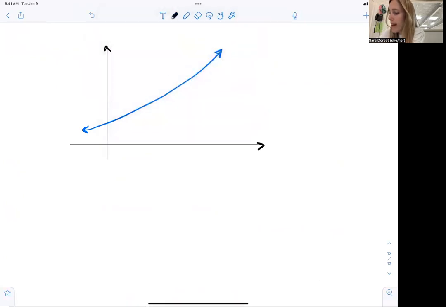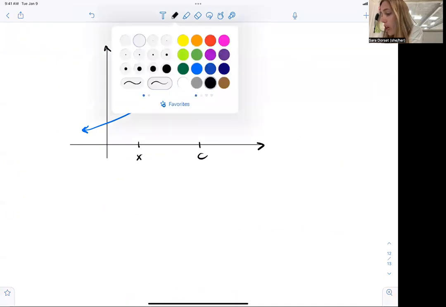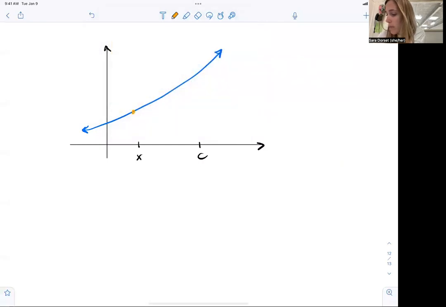Okay, so let's say that we have the interval x to c, or you could do c to x, it doesn't matter. This point would be x comma f of x. This point would be c comma f of c.